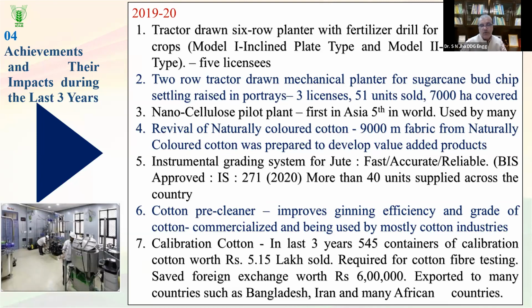You may or may not know that in the world only 2 countries supply calibration cotton: USA and India. In the last 3 years, 545 containers of calibration cotton worth rupees 5.15 lakh have been sold. It is required for cotton fiber testing, and it saved foreign exchange worth rupees 6 lakh. It is exported to many countries such as Bangladesh, Iran, and many African countries.